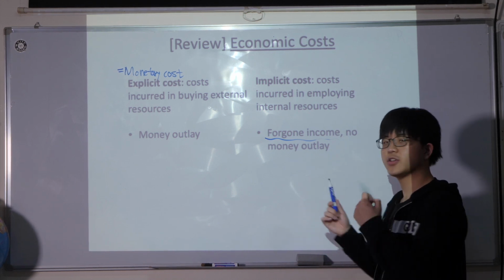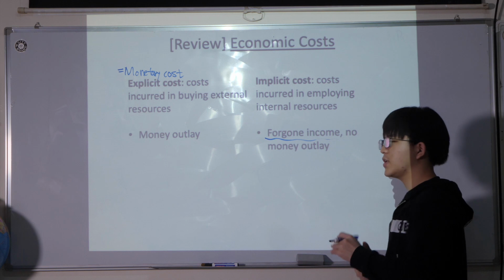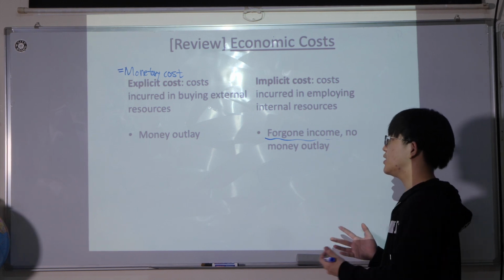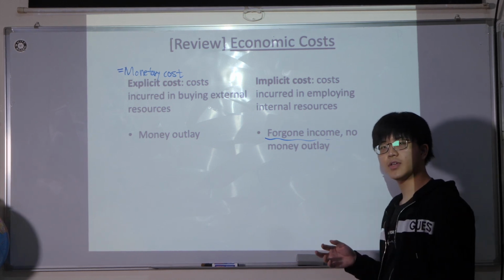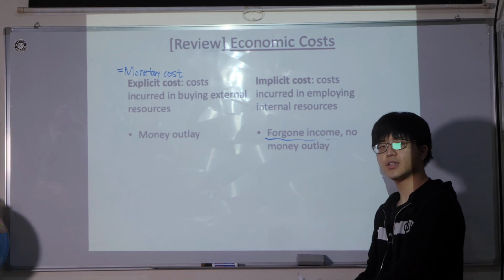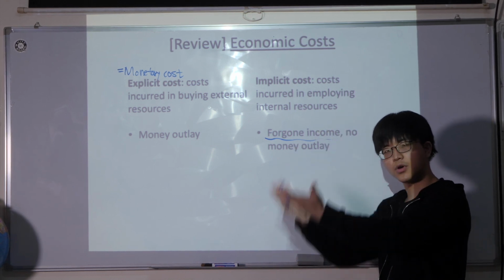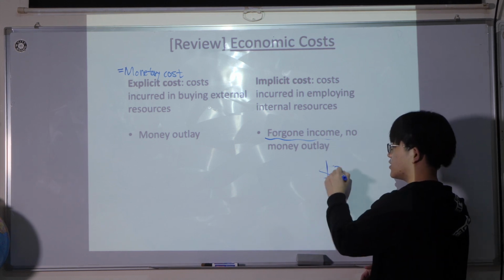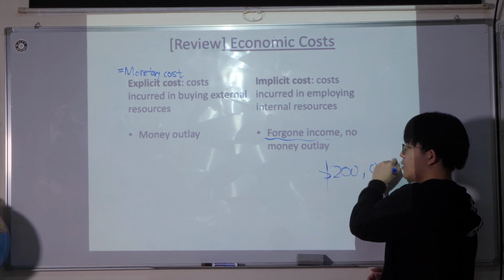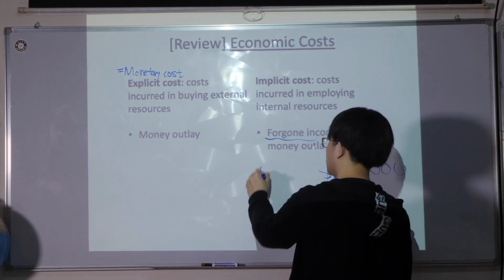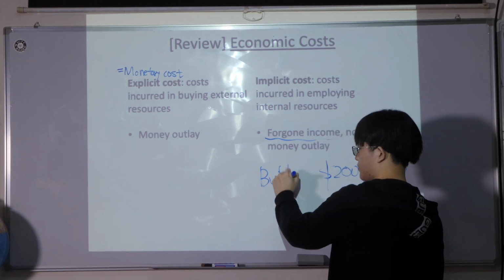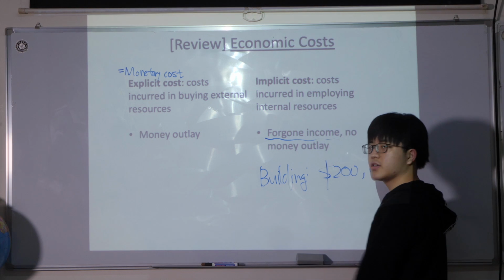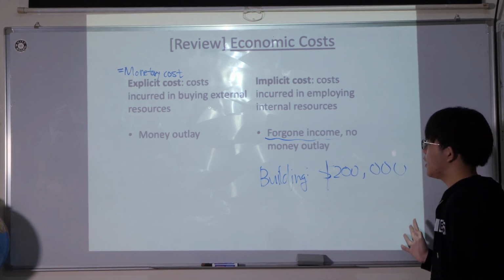As I mentioned before, I want to make a tech company, a tech firm, but the problem is I need to buy land and construct buildings as well. It would take about $200,000, for example, to build up.